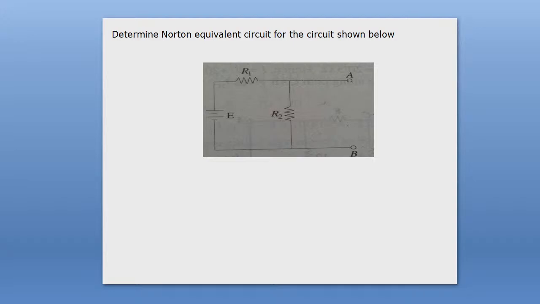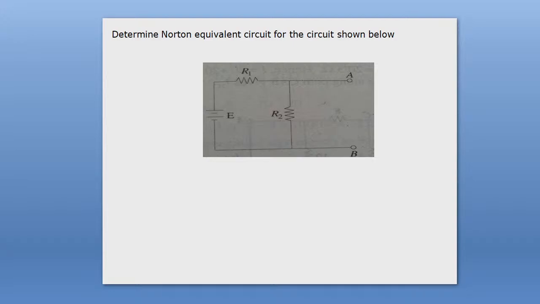If our circuit consists of only independent sources and resistances, then first we will remove the load resistance, or the resistance across which we need to calculate the voltage or through which we need to calculate the current.